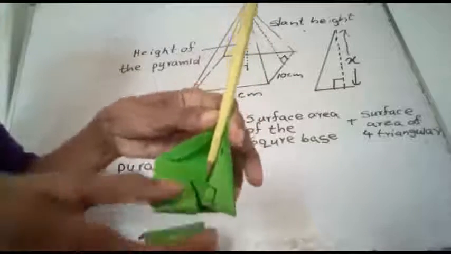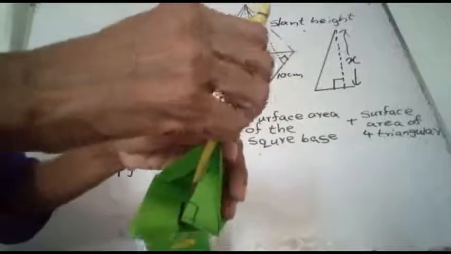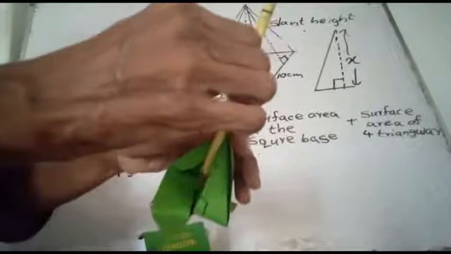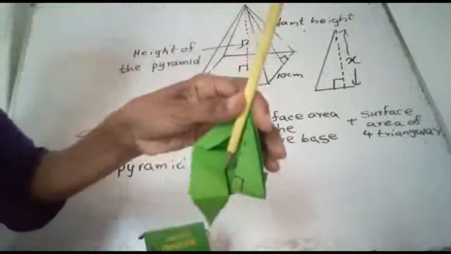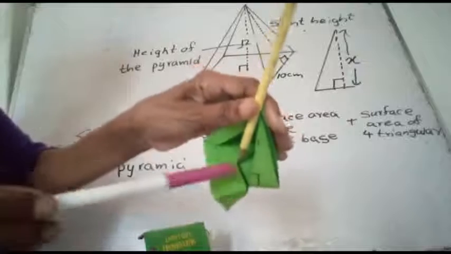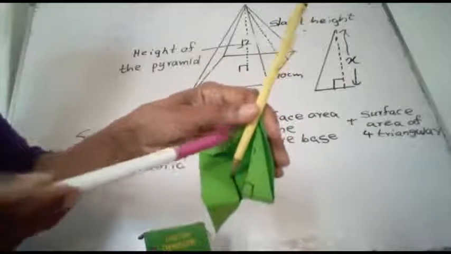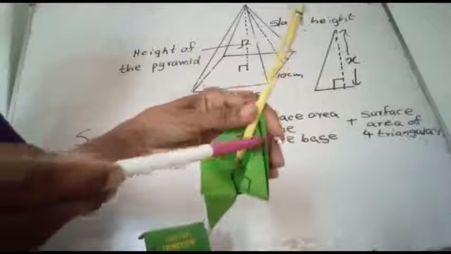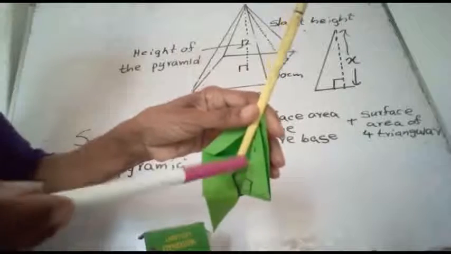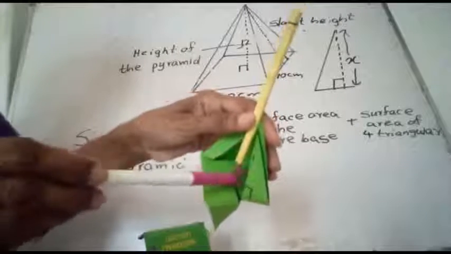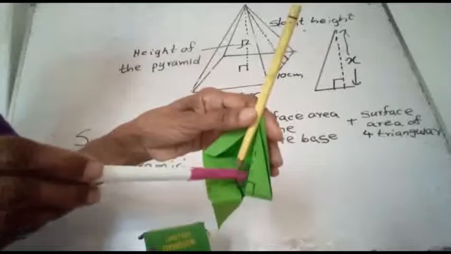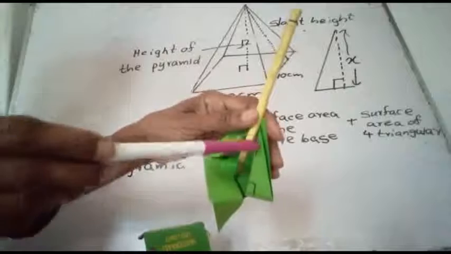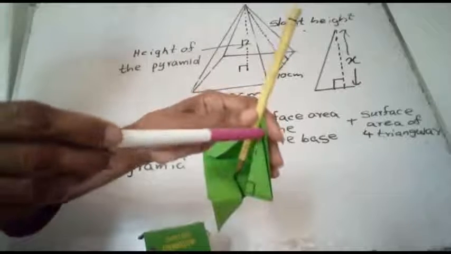Then there is a right angle triangle. This is the hypotenuse.